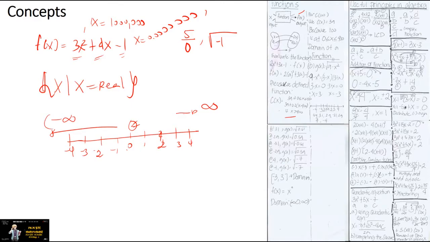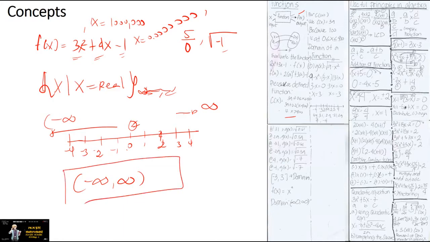Madaling sabi, pwede mong sabihin yung mga numbers na hindi katulad nito, mga imaginary numbers, real lang, mga fraction. Pwede natin sabihin na from negative infinity to positive infinity yung ating domain.